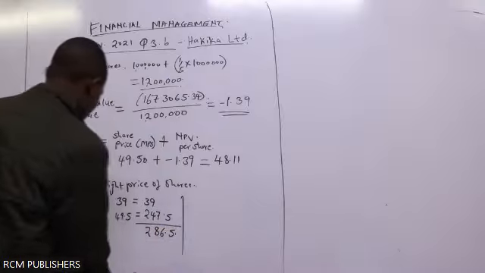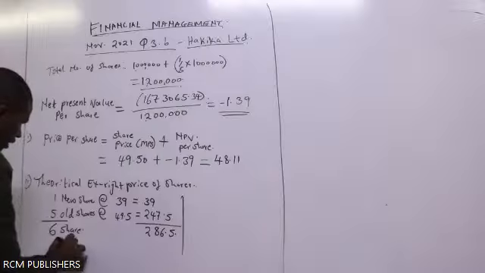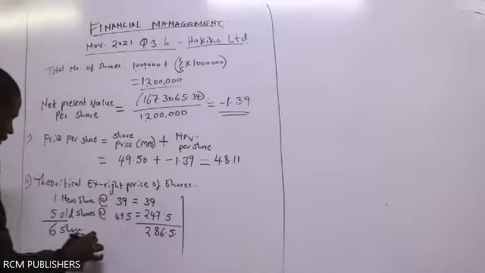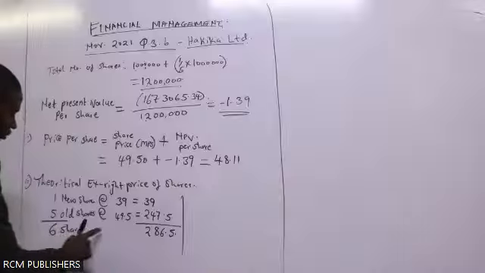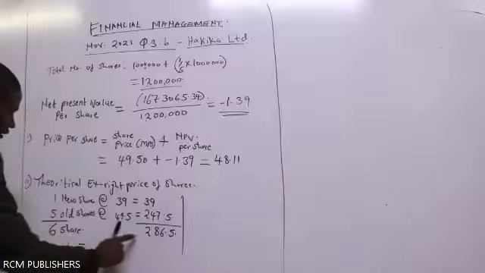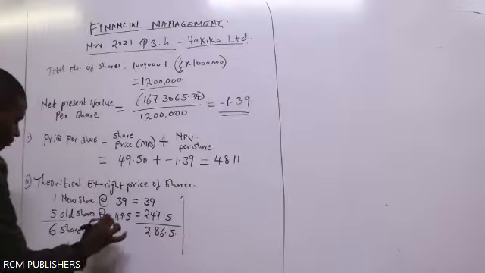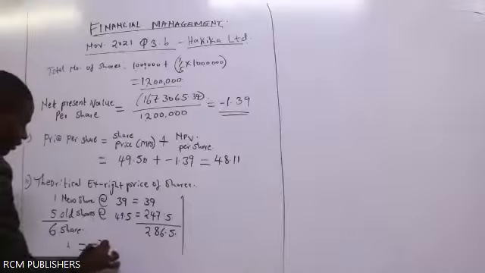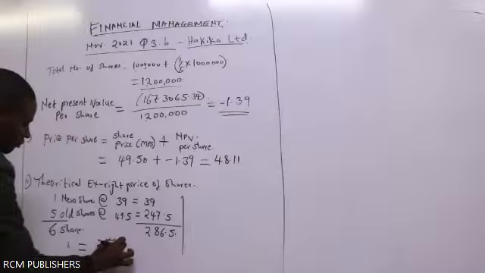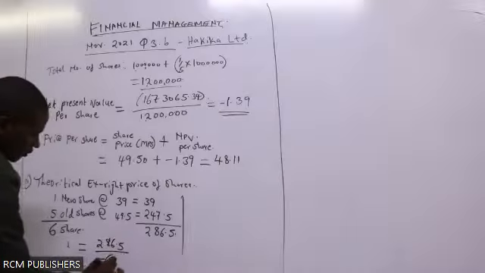So with this, you can now get the theoretical ex-right price. If 6 shares have this value, we can get the value per share: 286.5 divided by 6.